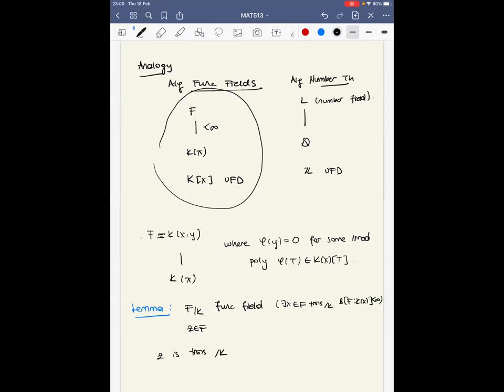Then z is transcendental over K if and only if F also has finite extension degree over K of z. Since here the extensions are not supposed to be equal to each other, we don't have to have the same extension degree here. But even though we can have different extension degrees, it will always be finite.